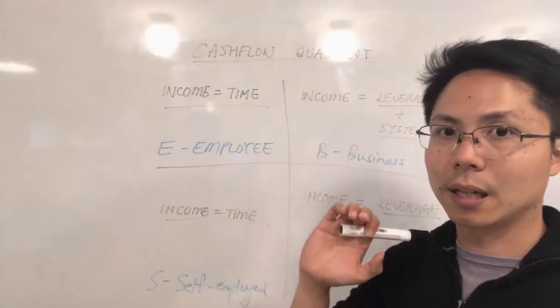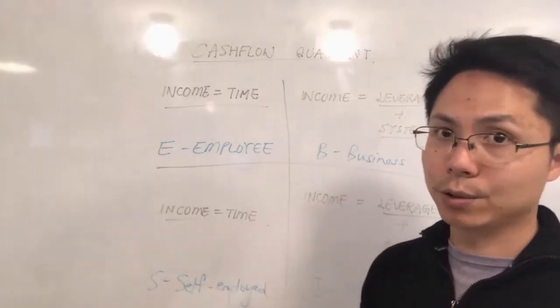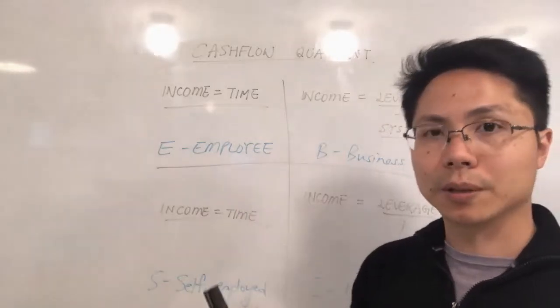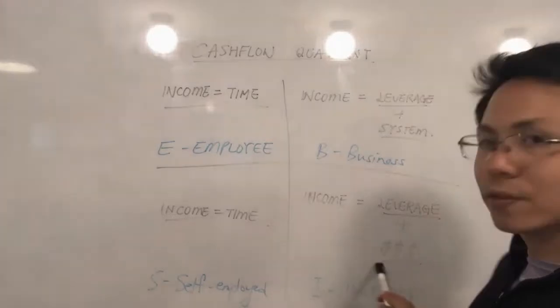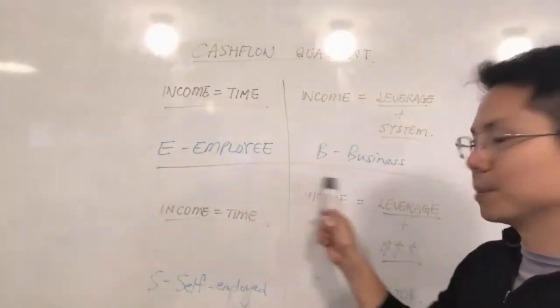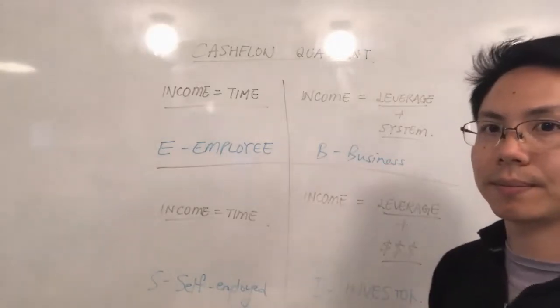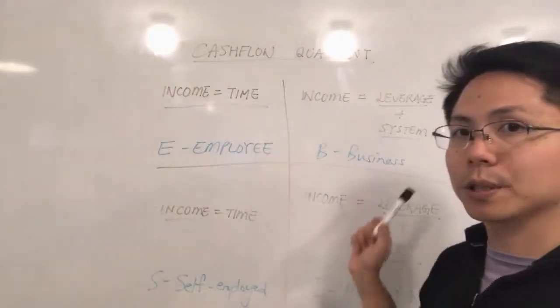Whether that's buying property or buying shares, it's using your money or deposit. So the amount of money and the amount of leverage that you can get will determine the income for an investor. That's a basic fundamental definition of the 4 quadrants.